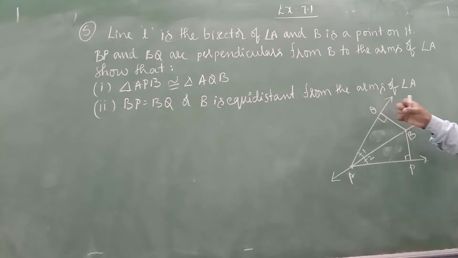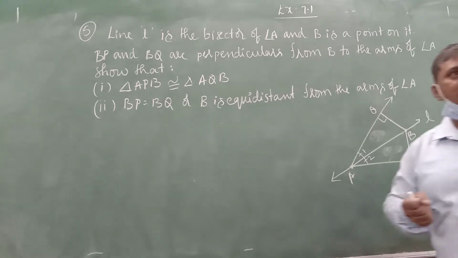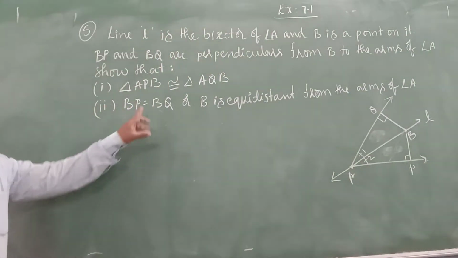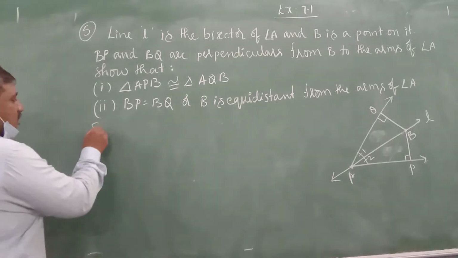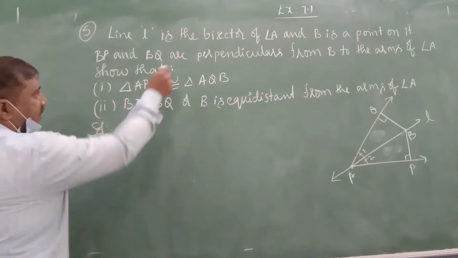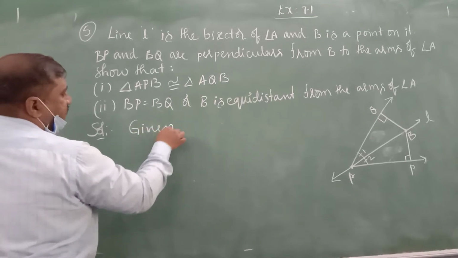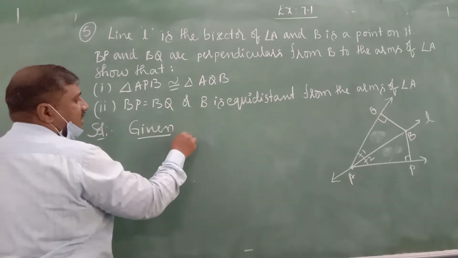So like this we can show these two triangles are congruent triangles, and by CPCT we can say that BP is equal to BQ. Now we'll write this. From the figure, what is given here?